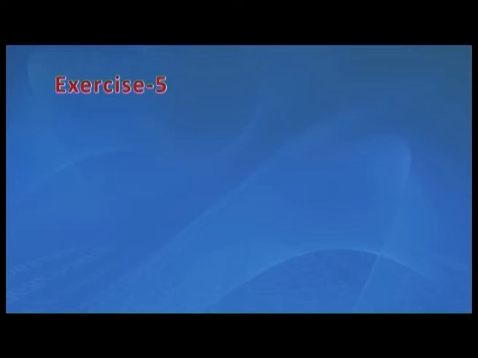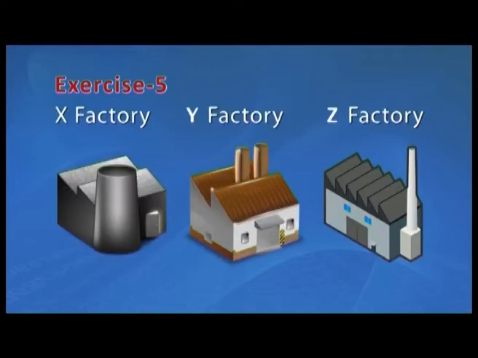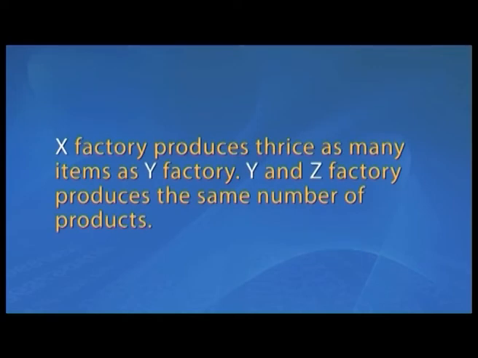Let's take another problem. Suppose a product is produced in 3 factories X, Y, and Z. It is known that factory X produces thrice as many items as factory Y, and that factories Y and Z produce the same number of products.